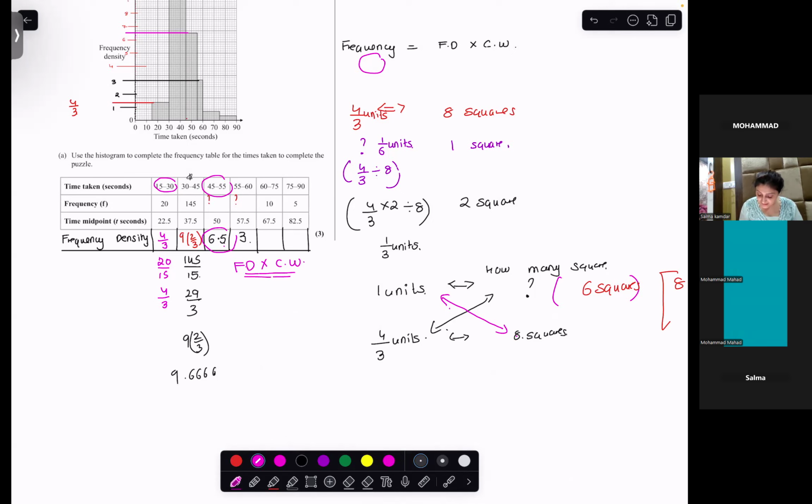For this class, frequency density is 6.5 into the class width. 45 to 55 is 10. So the frequency would be 65. Are you with me? This is for the third one. Let's go for the fourth one.